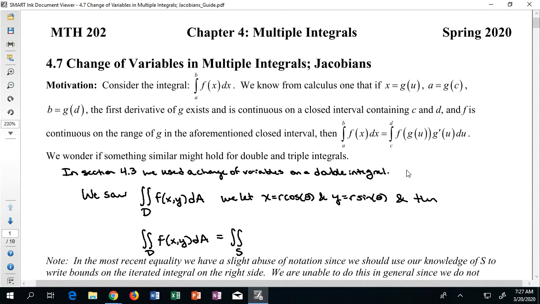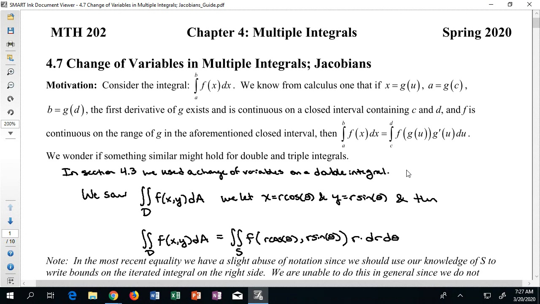We had to change the bounds and rethink how we imagined that region. And then we also had to reimagine our function. In place of all of our x's, we had to put in r's and cosines. We had to do r sine in place of my values of y. And then, of course, at the back, in place of that dA, remember, we always put an r dr d theta.